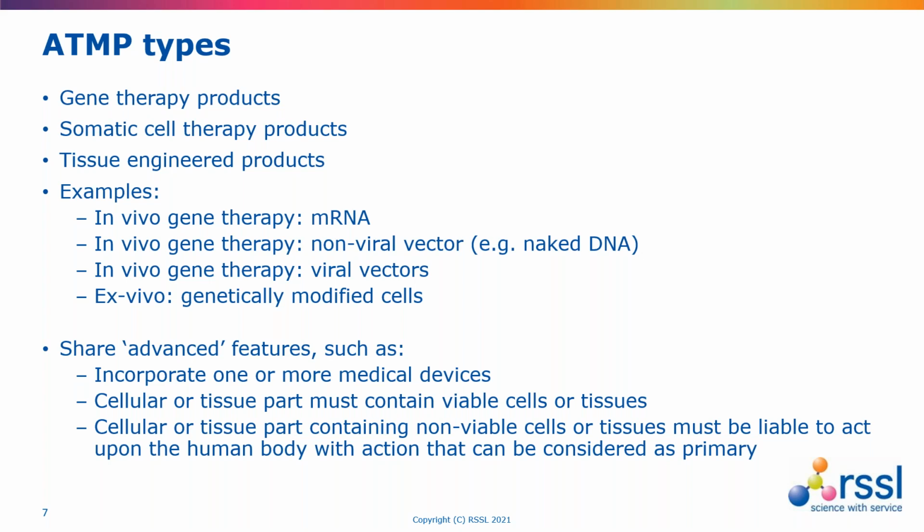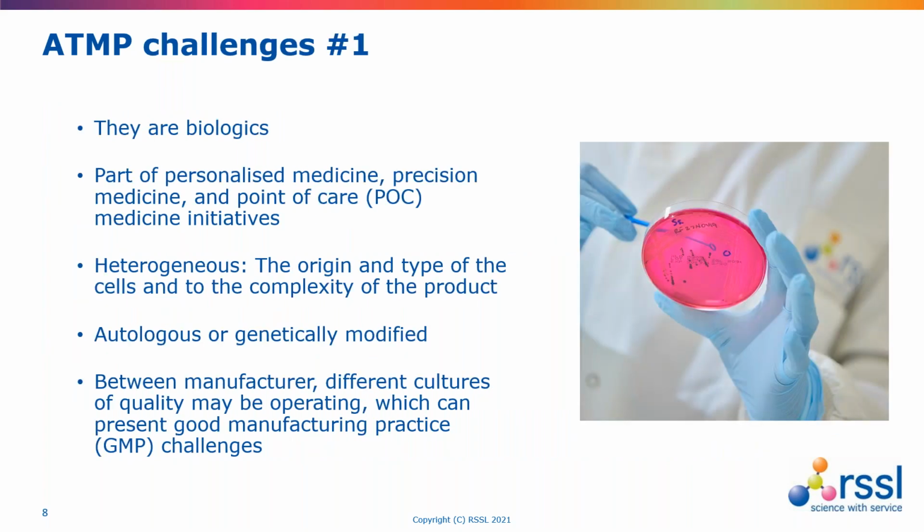Now, as pharmaceutical products, all ATMPs are classed as a type of biologic. And they also form part of this personalized medicine or precision medicine narrative that's evolving as well.